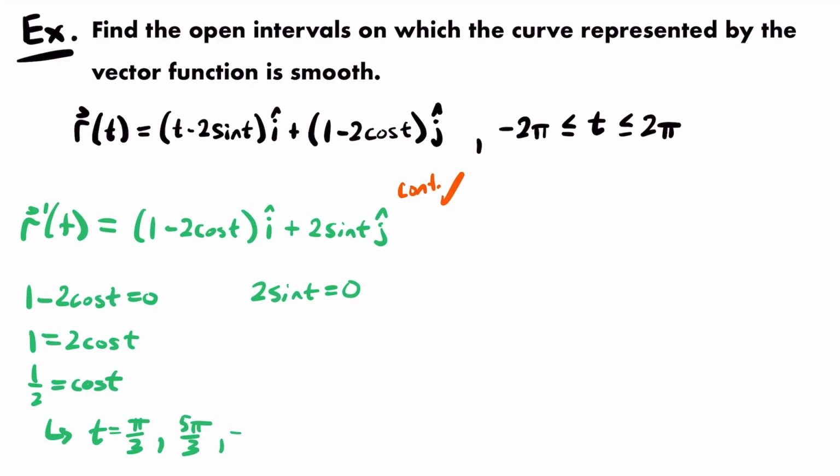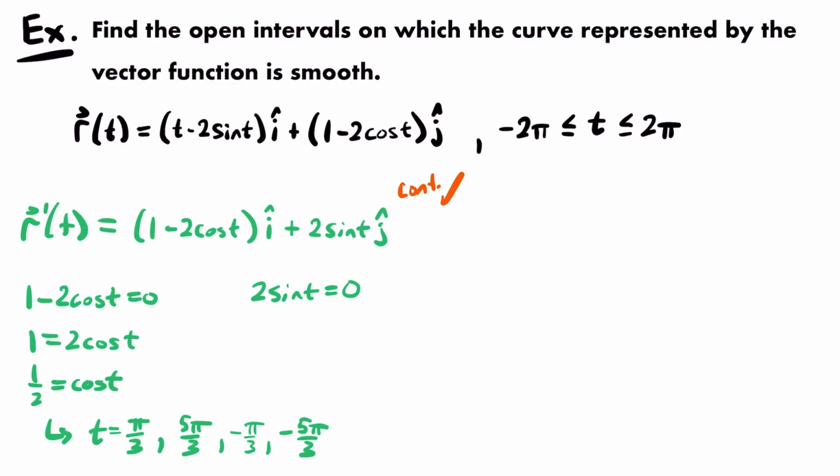So negative pi divided by 3 and negative 5 pi divided by 3 are also two values of t for which cosine t equals 1/2, which is where this x component would be equal to 0, right? Because if cosine t is 1/2, you have negative 2 times 1/2, which just becomes negative 1. So you have 1 minus 1, which is 0. So that component would be 0. So these are the four values of t on this interval where the x component equals 0.